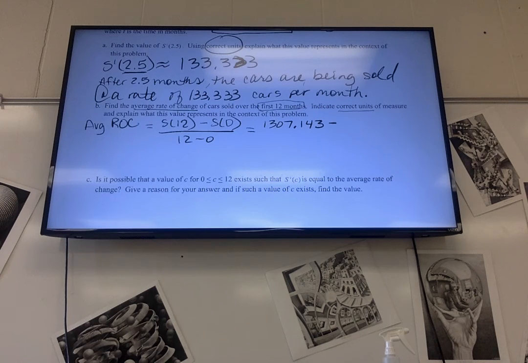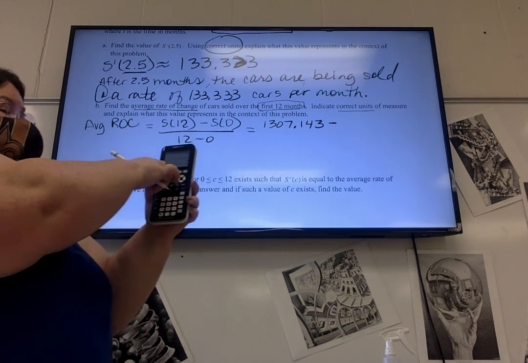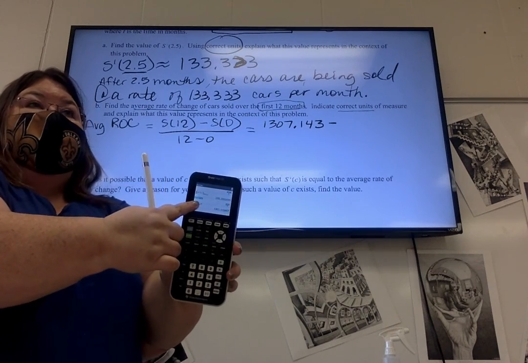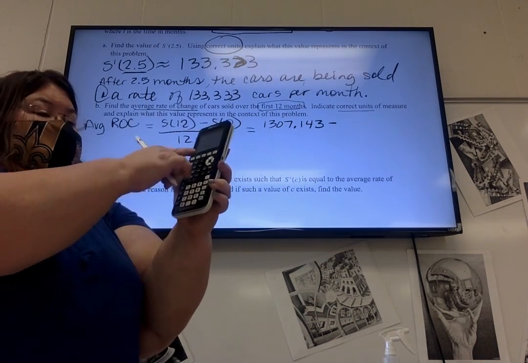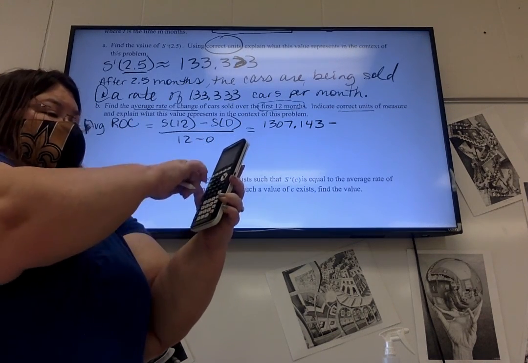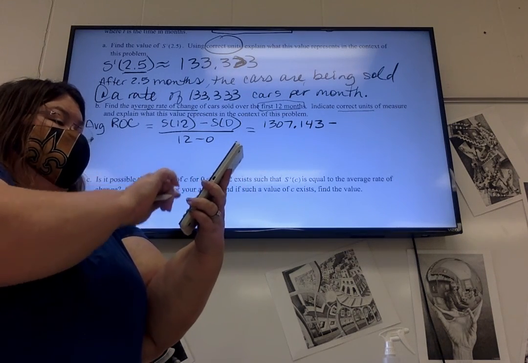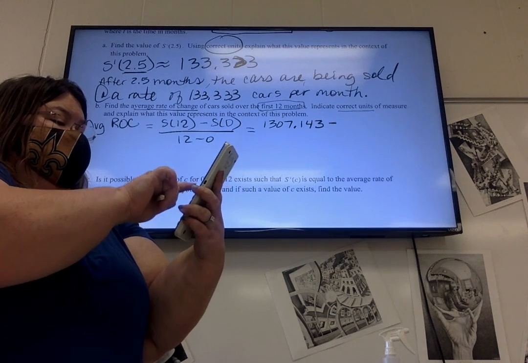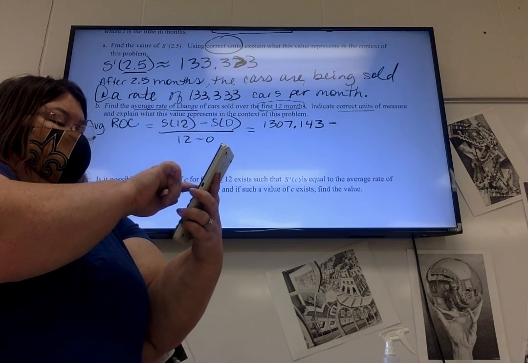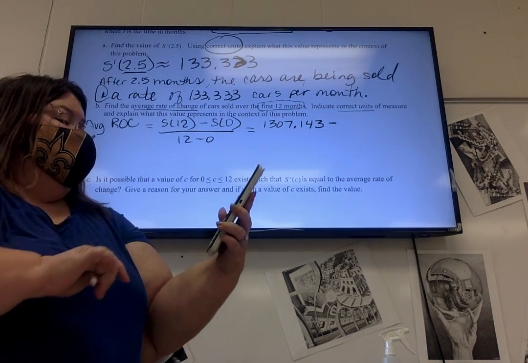Do you know that you can cursor up into where it says Y1 of 12, hit enter, and it'll put it back down here and just change that to 0. And that's 150.